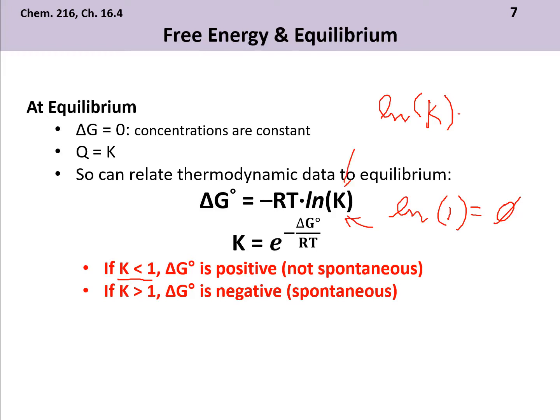Then I'd have a negative value here times a negative, so that will get me a positive delta G. It'll be non-spontaneous. If K is greater than 1, so if I take 3 and do ln of it, I get 1.09, a positive number. That's going to give me a negative delta G. That means it's spontaneous, right? So based on my value for K, I can tell you if something is spontaneous or non-spontaneous.